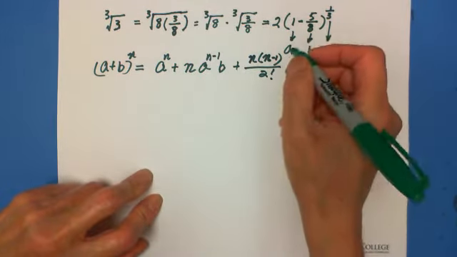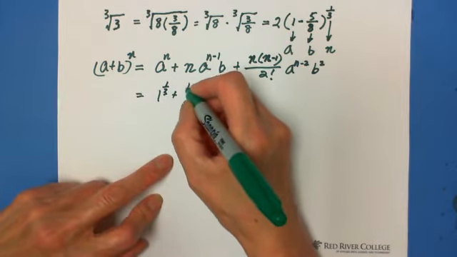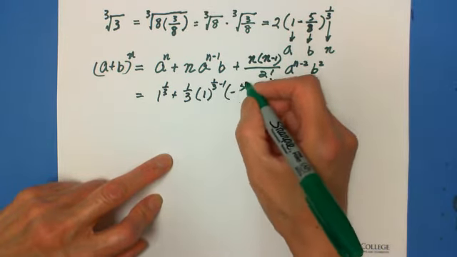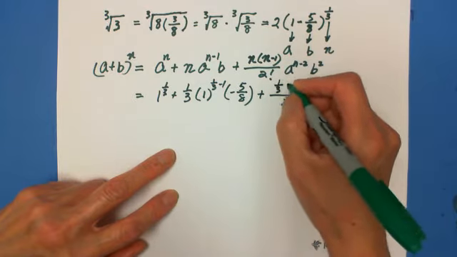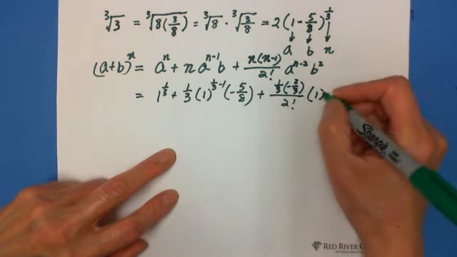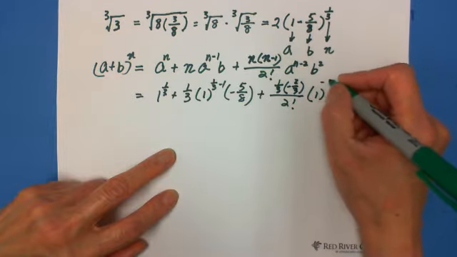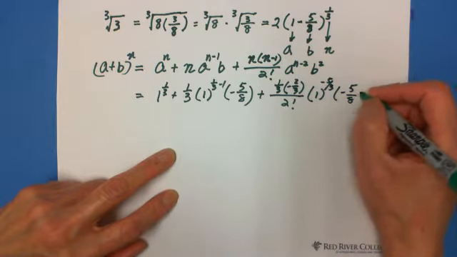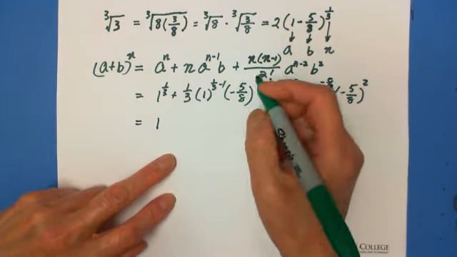Now we plug in a equal 1, so this is 1 to the exponent n, with n equal 1/3, plus 1/3 multiplied by b, which is negative 5 over 8, plus 1/3 multiplied by 1/3 minus 1, which is negative 2/3, over 2 factorial, times 1 to the 1/3 minus 2, and 1/3 minus 2 becomes minus 5 over 3, times b squared, where b is negative 5 over 8, squared.